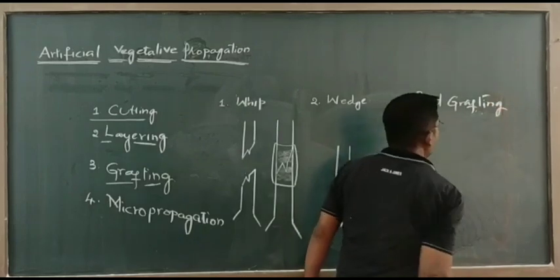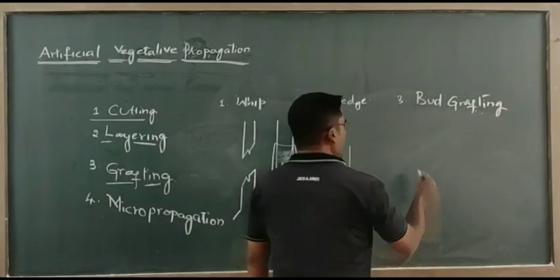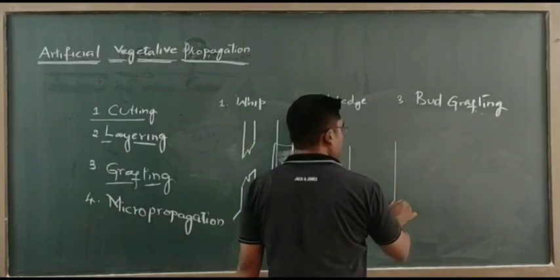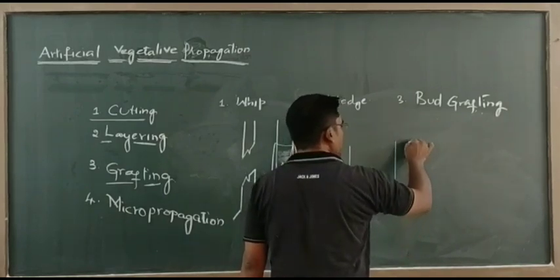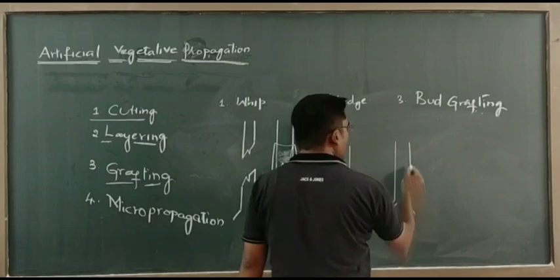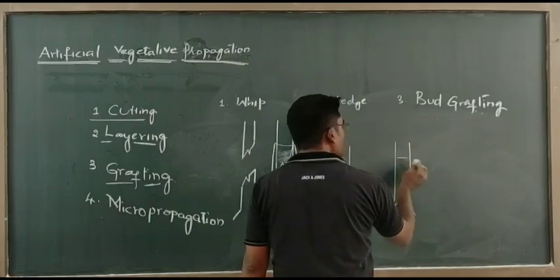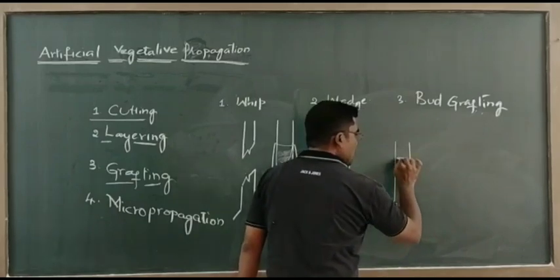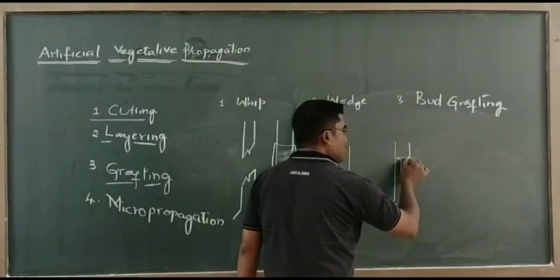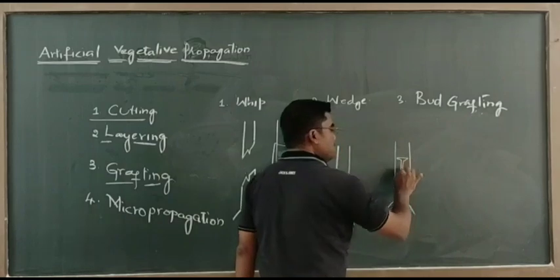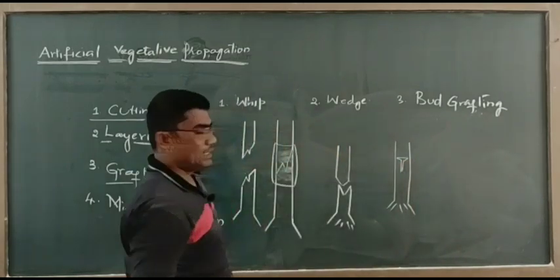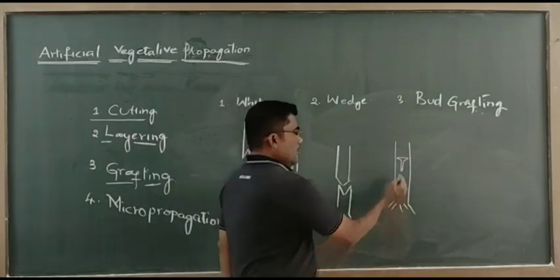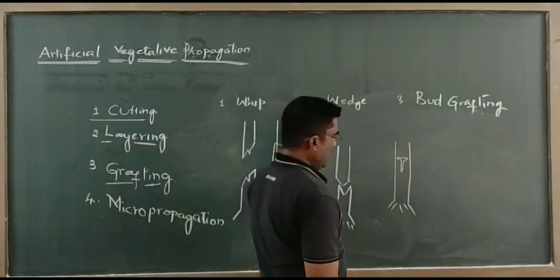The next one is bud grafting. In bud grafting, a stalk is selected. Say this is the stalk. In this stalk, a notch or cut is made in the form of a T shape like this, using a scalpel or sharp scissors.